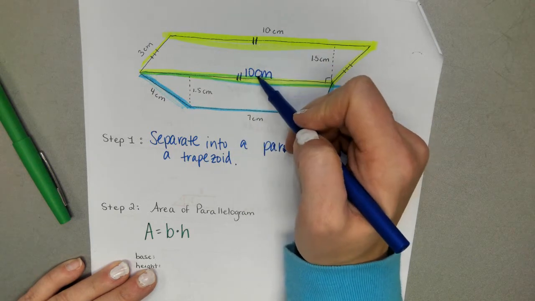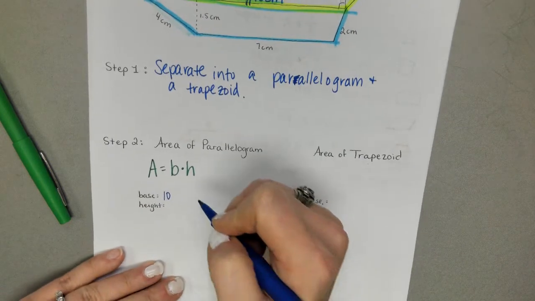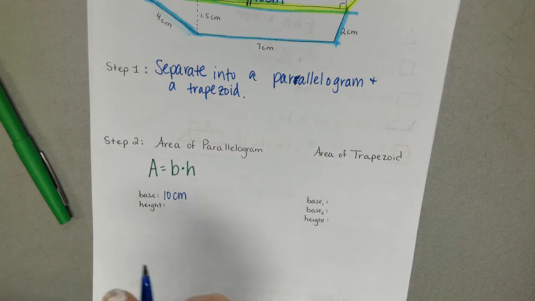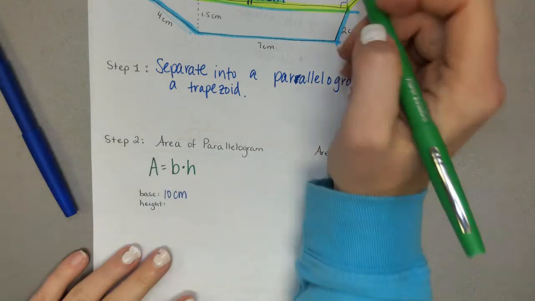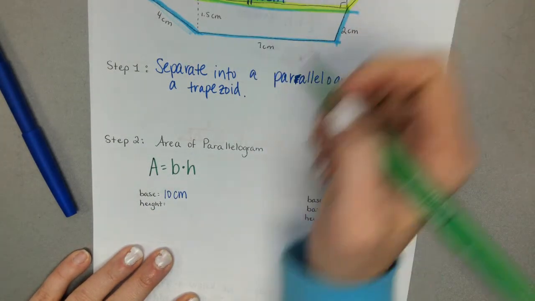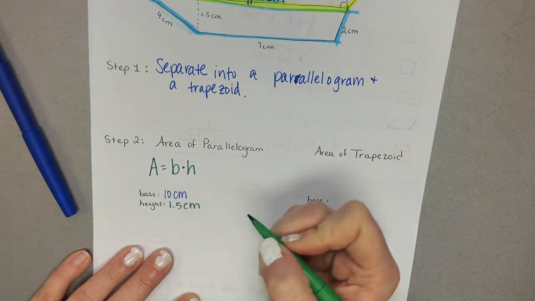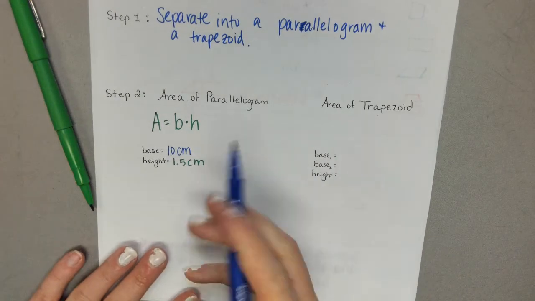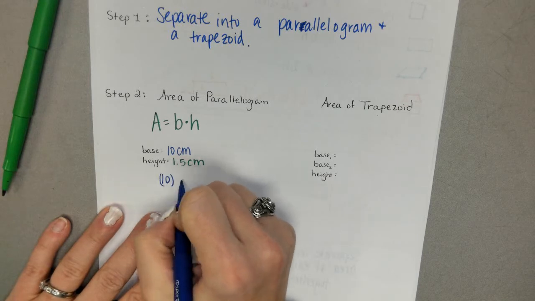So this is 10 centimeters, and this is also 10 centimeters. Our base is 10 centimeters. Our height is right here, 1.5 centimeters. So all we have to do now to get the area of the parallelogram is multiply those together.